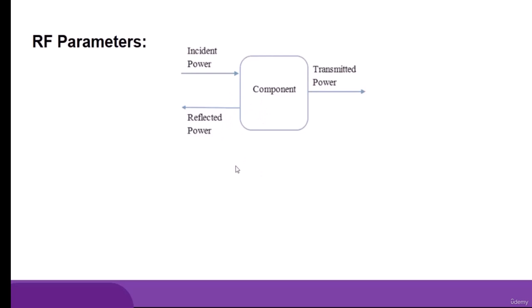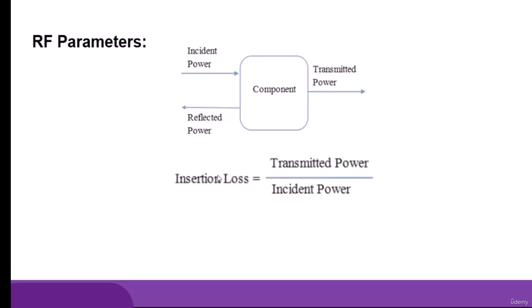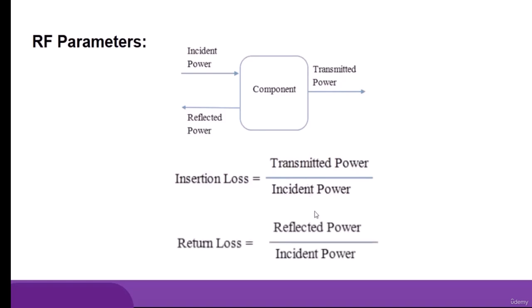Now the insertion loss would be the ratio of the transmitted power and the incident power. And the return loss would be the ratio of reflected power over the incident power. So by this system, we come to know about the idea of insertion loss and the return loss of the antenna system. Now we will discuss another parameter.